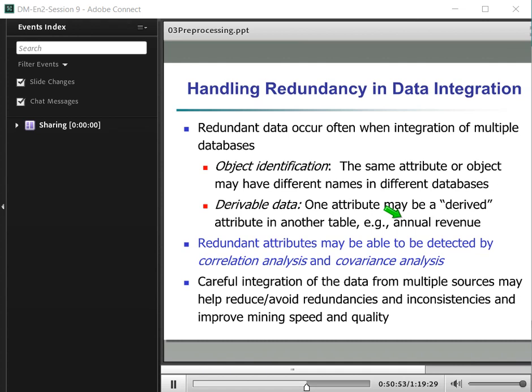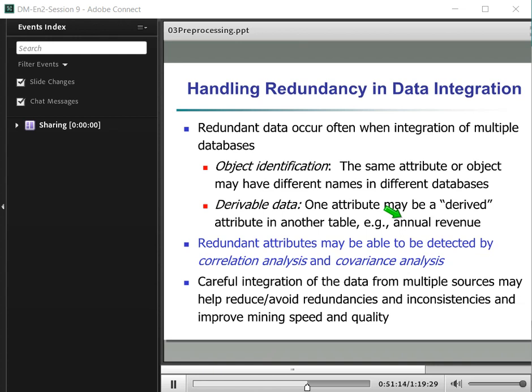They have a similar effect, so I can simply remove one of them, and the other attribute has a similar effect. So the result doesn't change.